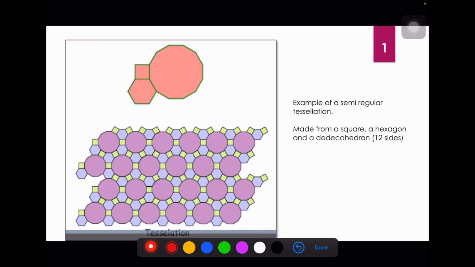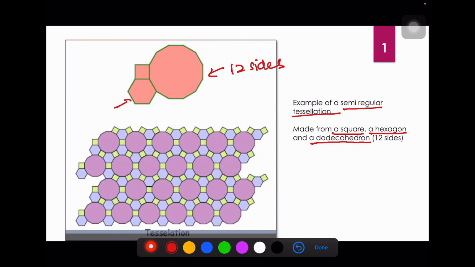Okay, this is an example of a semi-regular tessellation made from a square, a hexagon, and a dodecagon. That means 12 sides. So this is the 12 sides.